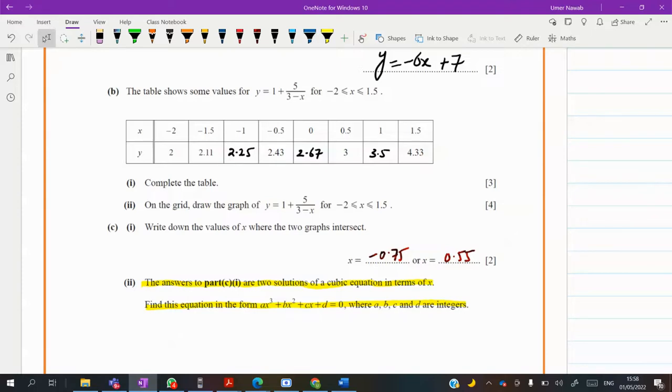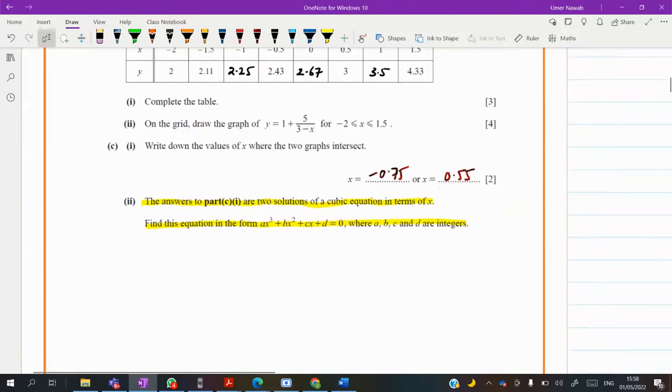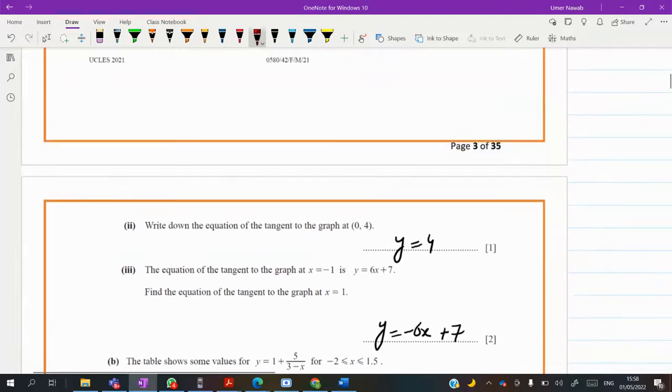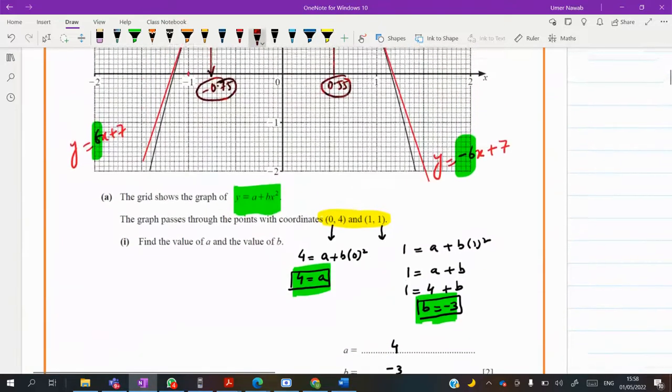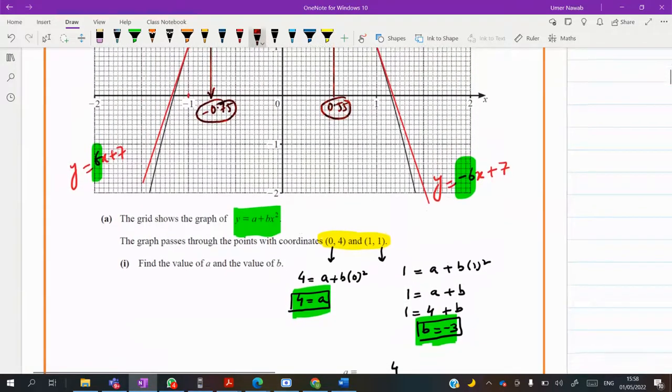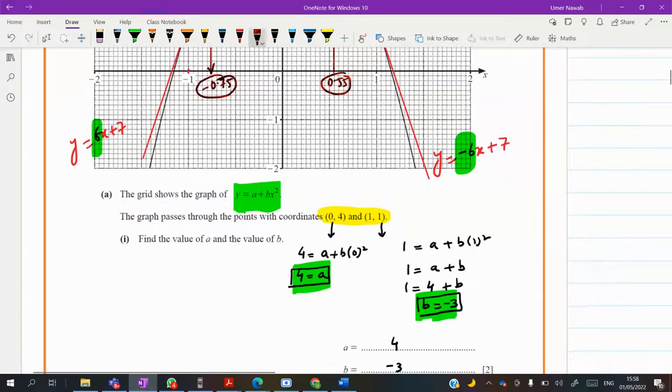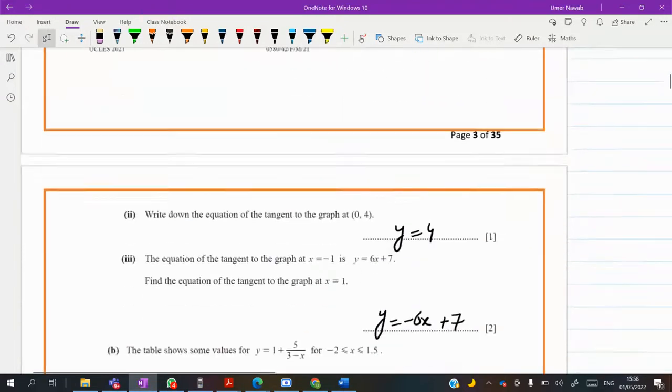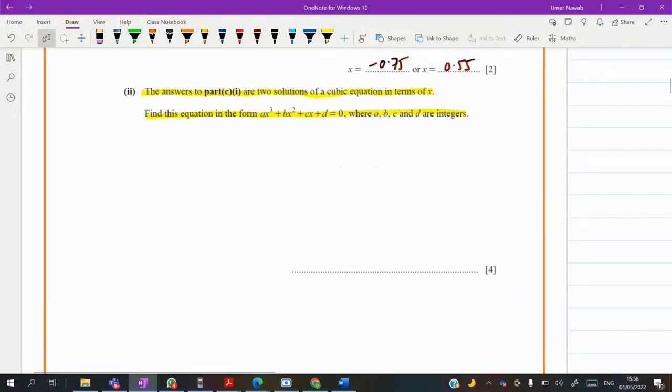Let me go and check it. Yes, we want to find a point of intersection. What was the first equation we found? Let me copy it here. First equation was a plus bx squared, which is 4 minus 3x squared.